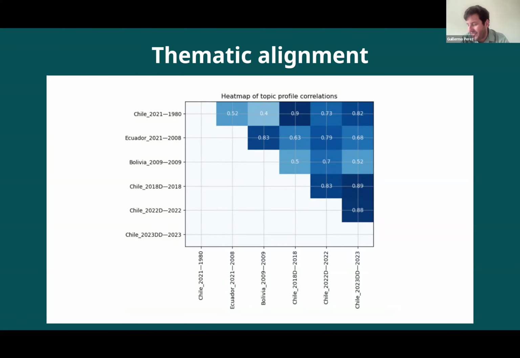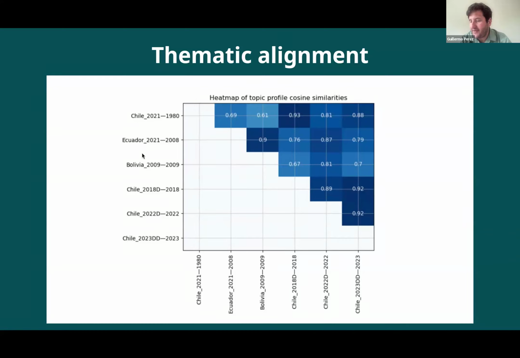So for example, if constitution A emphasizes health, education, and indigenous rights in that order, and constitution B emphasizes the same topics in the same order, the Pearson correlation will be high. So here we can see the continuity between the current constitution and the 2023 draft, and between the 2018 draft and the 2023 draft. Again, the same situation. And we can see then in the cosine correlation, the same situation. In the next slide, please, Andrés.